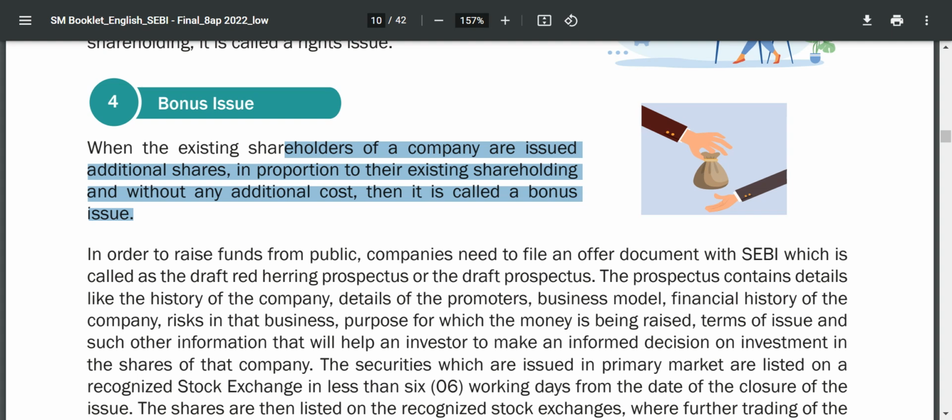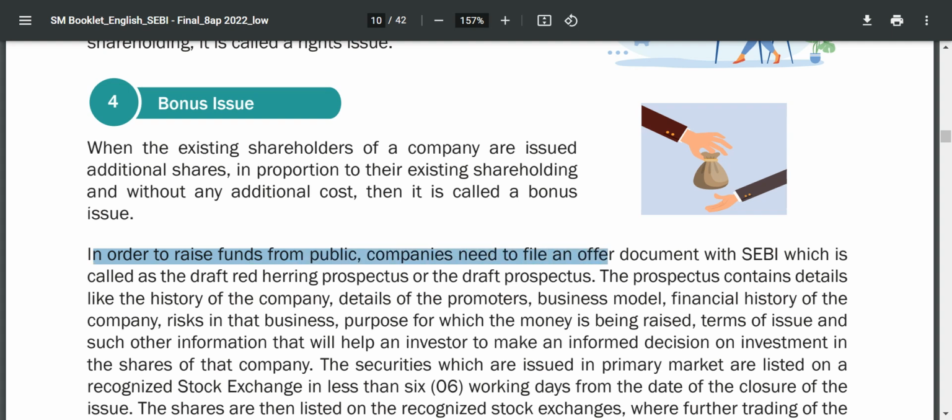Next, in order to raise funds from the public, the company needs to file an offering document in India.